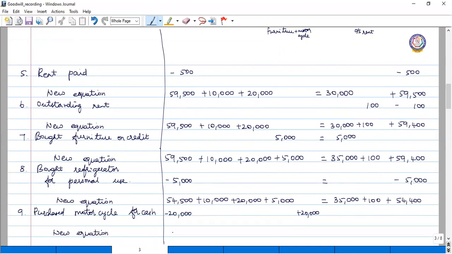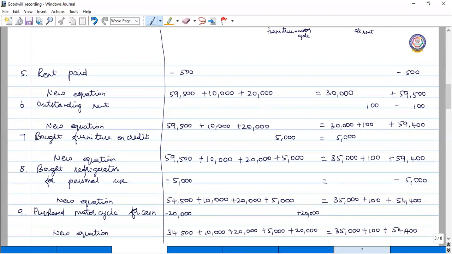So the new equation is 34,500 cash at bank, stock and furniture remains with the same balance, and now one more asset is added, of worth rupees 20,000. 35,000 liability, outstanding expense, and the capital worth is 54,400.